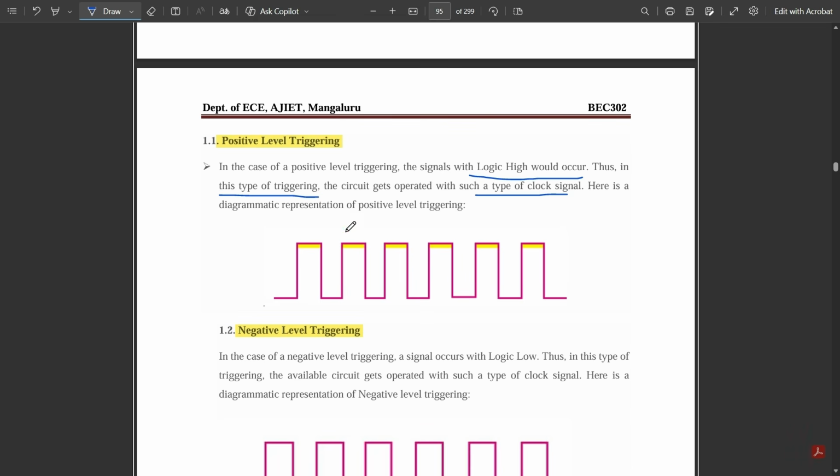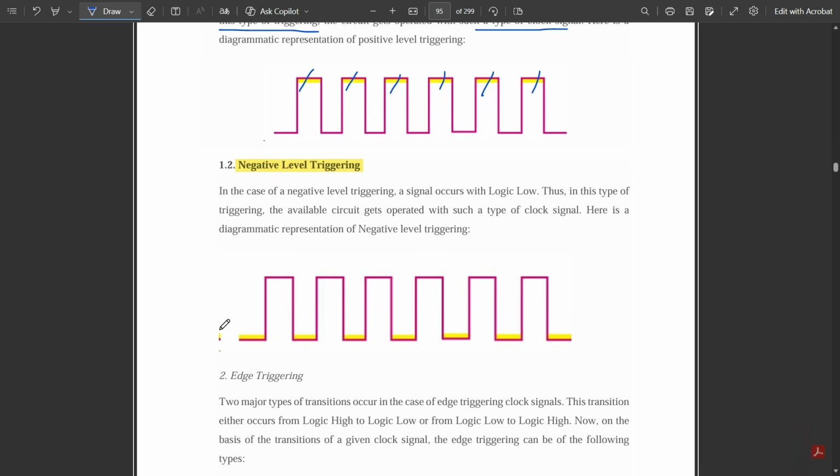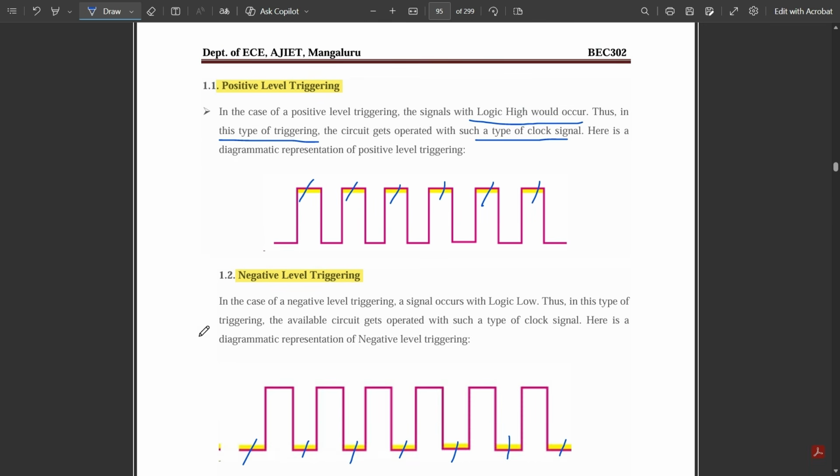This is a square wave, and these high levels are called positive level triggering. For level triggering, it is either high or low. For higher values of amplitude, positive level triggering occurs, whereas in negative level triggering it is the lower values of amplitude. So these are the two level triggering types, positive level and negative level.